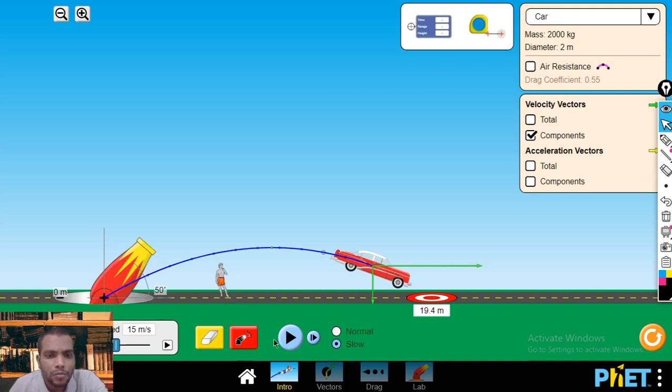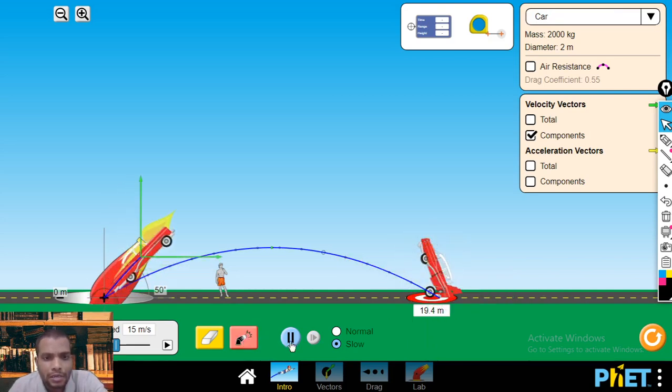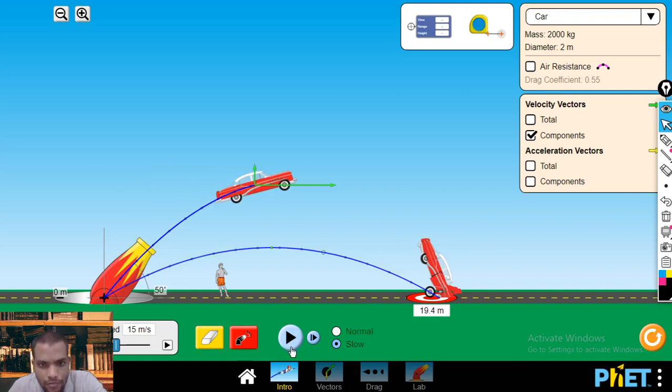How do the horizontal and vertical components affect the projectile motion? Throughout the projectile motion, the horizontal component of velocity remains constant, but the vertical component of velocity changes. This is because of acceleration due to gravity.